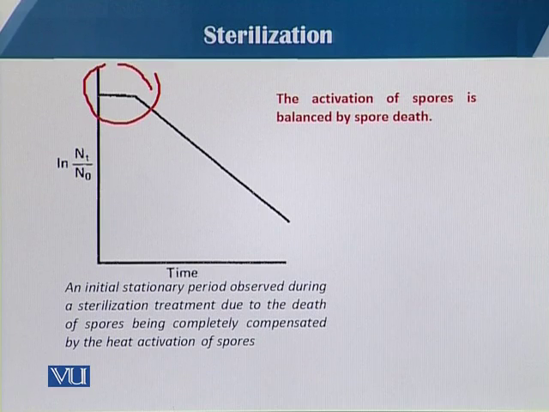The sterilization treatment is carried out, and if there is an increase, then there will be a death, so that makes a balanced equation. So in this case, an initial stationary period is observed during the sterilization treatment, because the death of the spores is completely compensated by the heat activation of the spores.